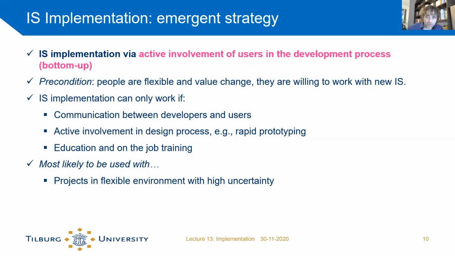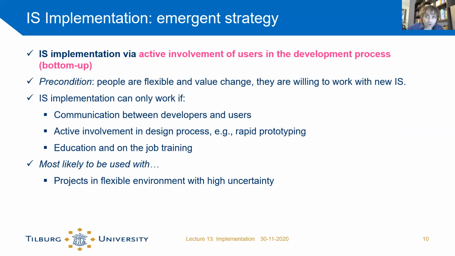In every stage, you allow users to work with the project. You implement the system as soon as possible, and then have people work with it, give feedback and improve the system, etc. So this is that implementation strategy.